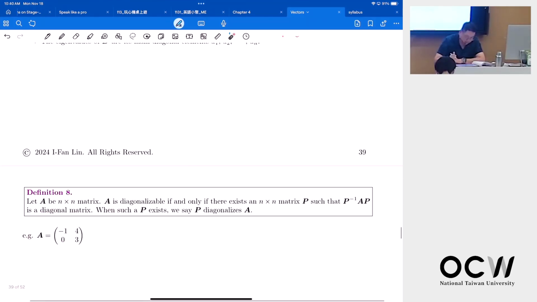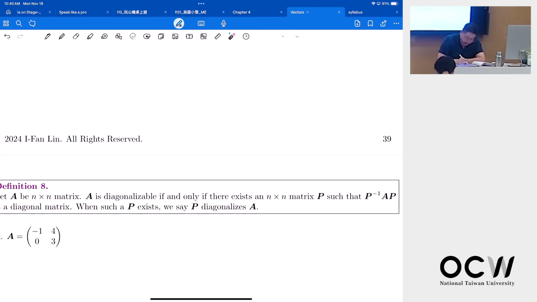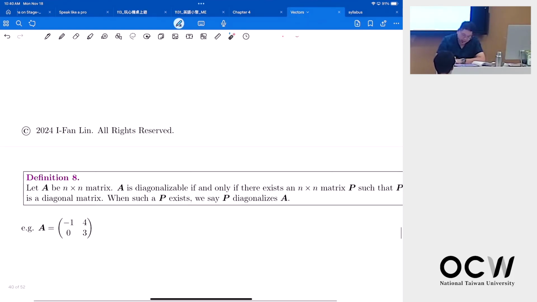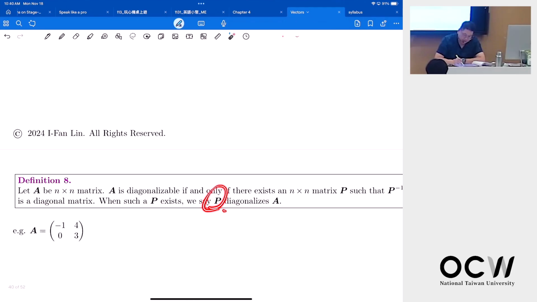Matrix A, n by n, square matrix, we say A is diagonalizable if and only if there exists a matrix P, still an n by n matrix, such that P inverse A times P is a diagonal matrix. Then in that case, we can say that P diagonalizes A. Okay.